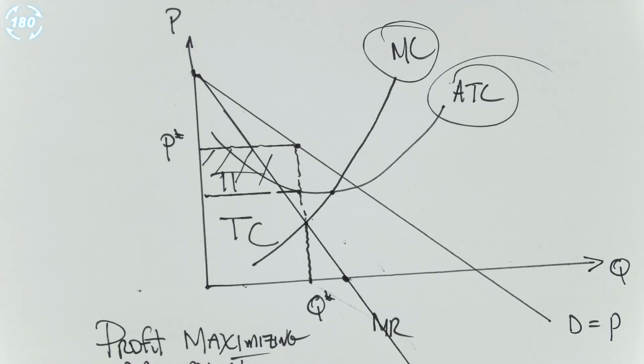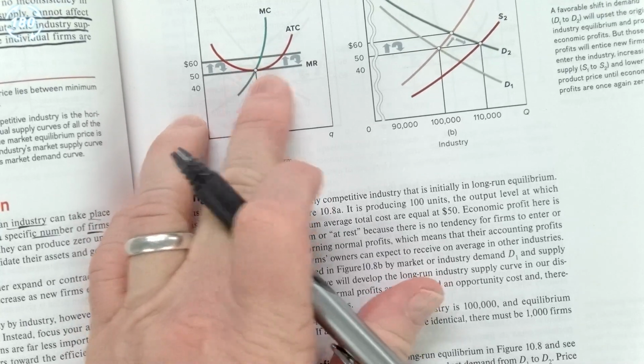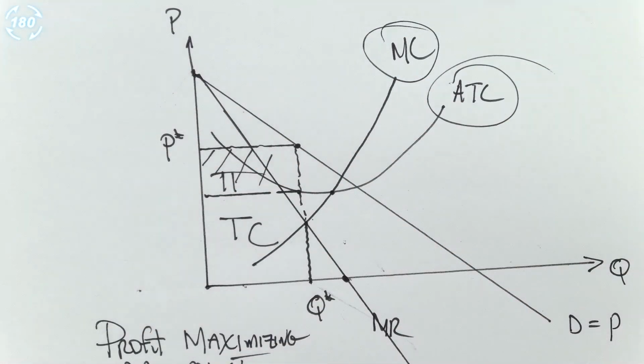Here's one. We moved off of it, but remember this right here. You're going to have zero profits here. You might go back and look at that, and then if something perturbs that market, you might create a profit.